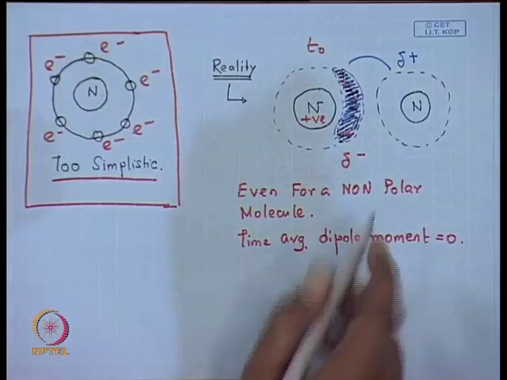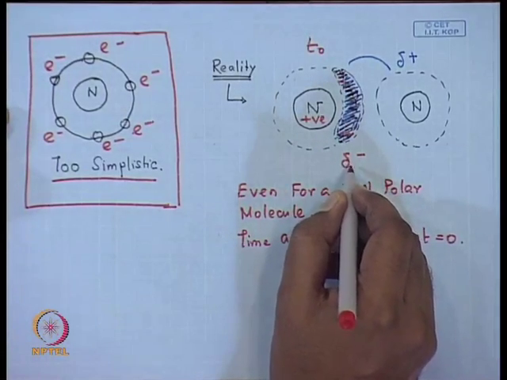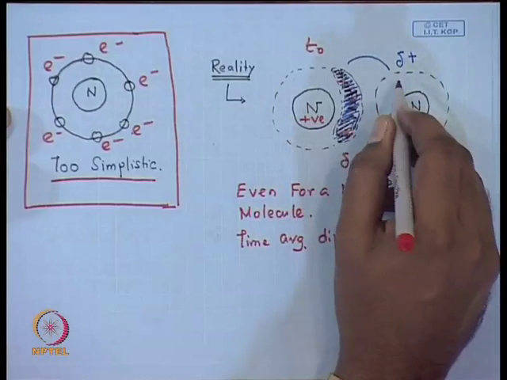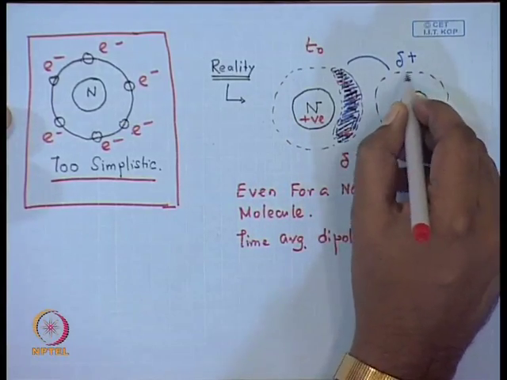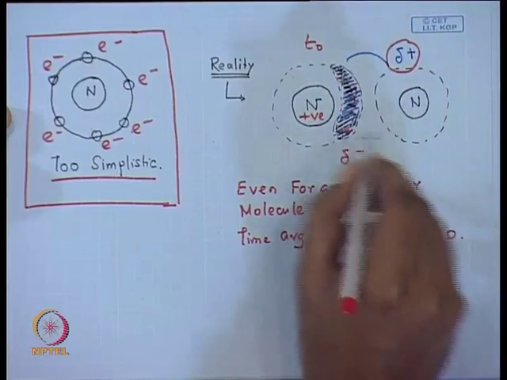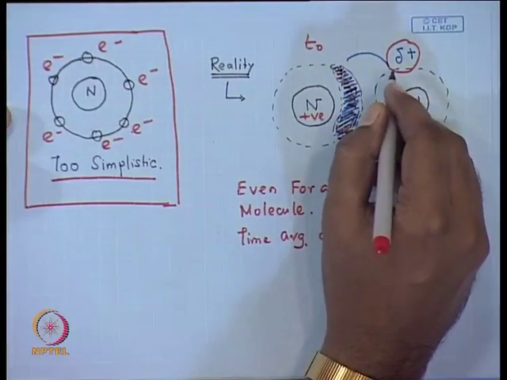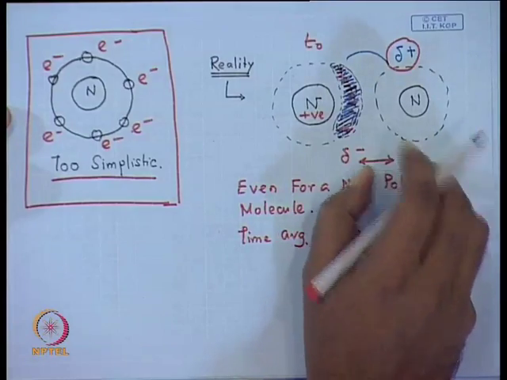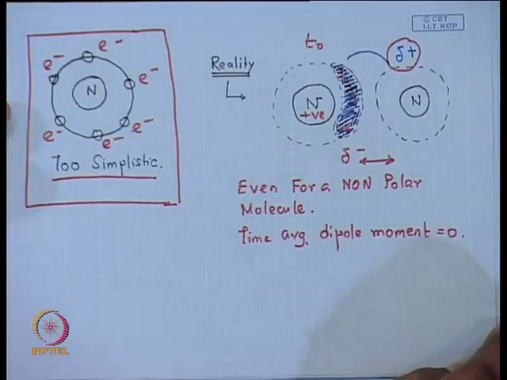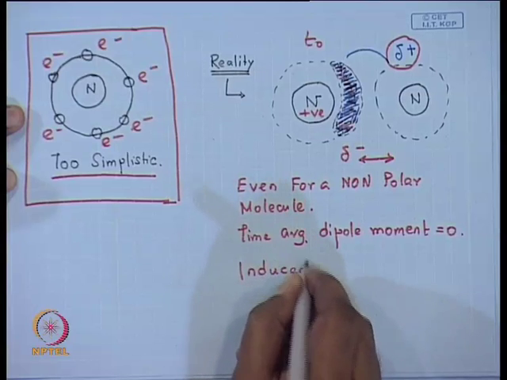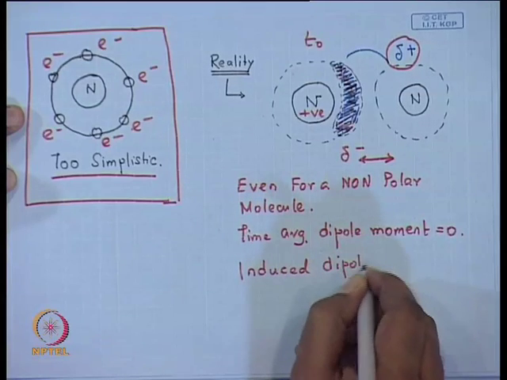Because of this delta minus which has been localized over this area, it induces an induced dipole delta plus on the neighboring atom or molecule. Now, since this is delta minus and this is delta plus, there is going to be an attraction between the two, and this attraction is in the nature of an induced dipole attraction.